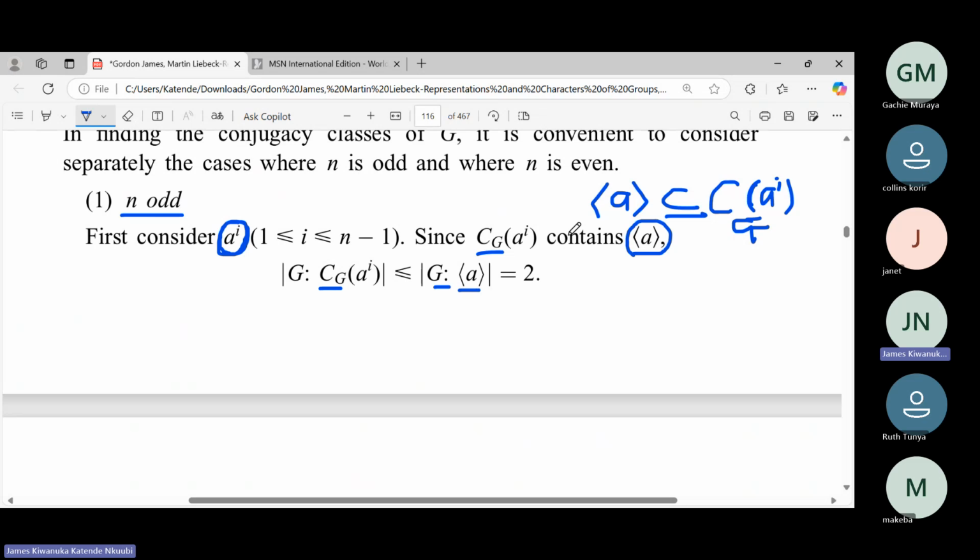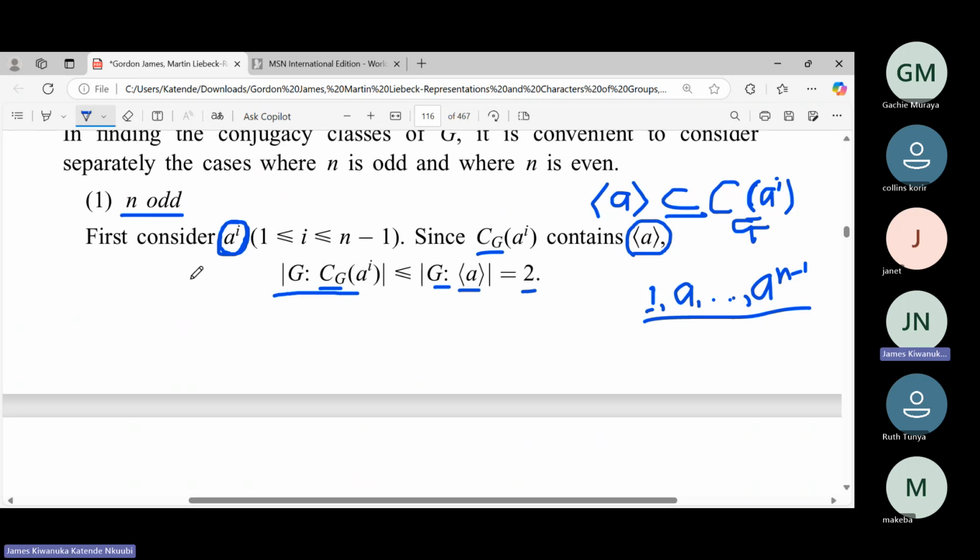But we know that the index of the cyclic subgroup generated by A is 2. All the powers of A, we wrote them down. There were 1, A up to A to the n minus 1, so exactly n of them. So the index must be 2. It's just half the number of elements in the group. So we've been able to establish that the index of the centralizer of a^i in G is equal to 2.